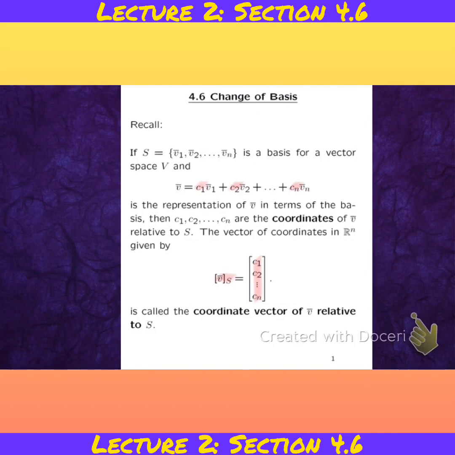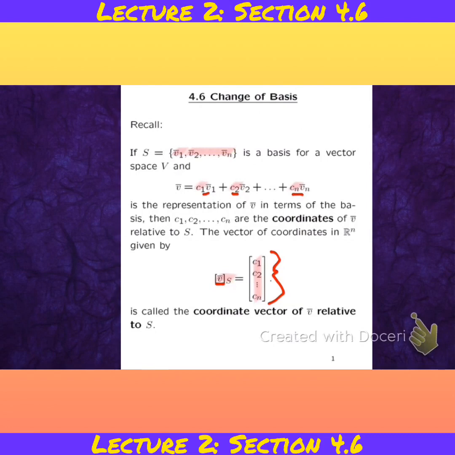When you write a vector v as a linear combination of these vectors, the coefficients you solve for, c1, c2 up until cn, form the coordinate vector of v with respect to the basis S.